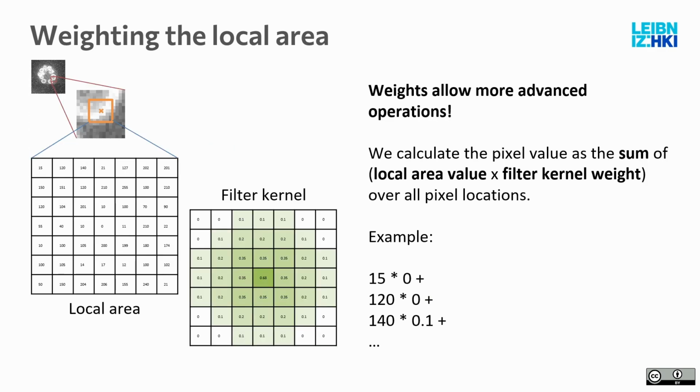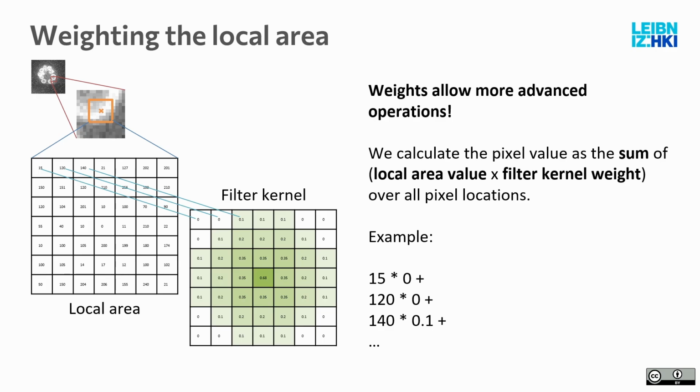And then how it works is when we do the calculation for our center point, I also wrote down these pixel values, which was very annoying. With this filter kernel, as it's called now that we have weights in there, we calculate this: 15 times 0, plus 220 times 0, 0.1 times 154.